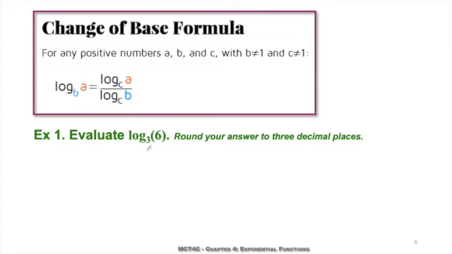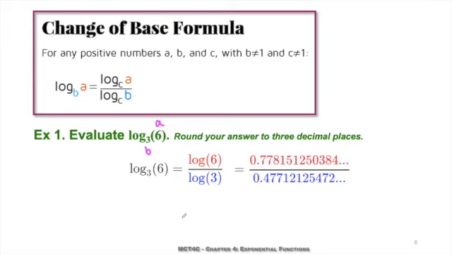All you're going to do is take the log of 6, because that goes on top, divided by the log of 3, which is your base. Plug it in your calculator, and your answer is approximately 1.631.